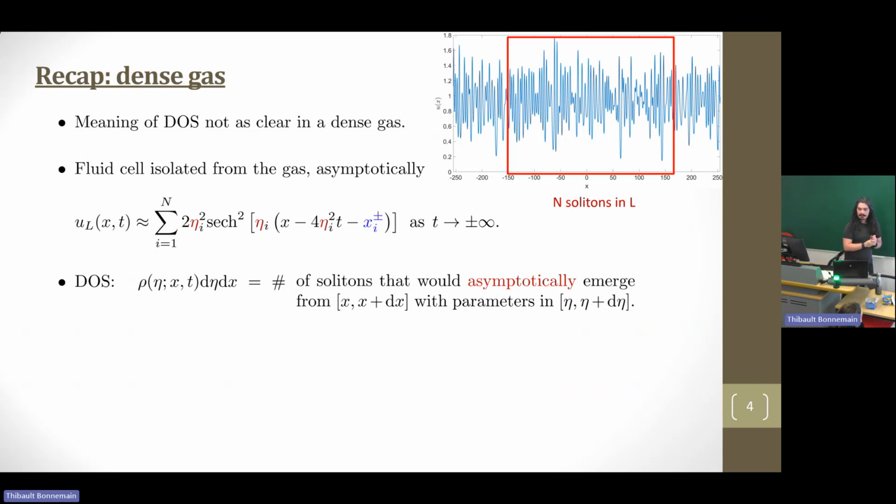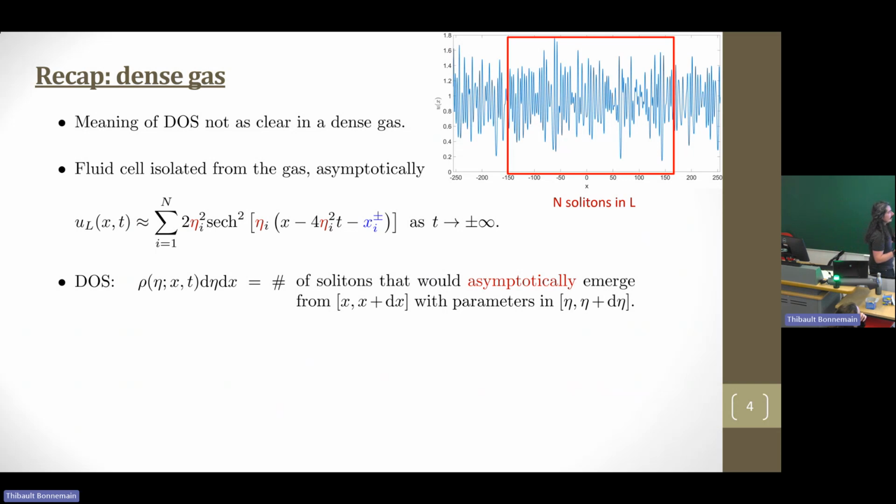Okay, and based on this asymptotic approximation, we can say that asymptotically, solitons essentially behave as free particles that move with velocity 4 eta squared. And last time I used this analogy to construct the thermodynamics of the soliton gas, so the statistical mechanics picture of the soliton gas.